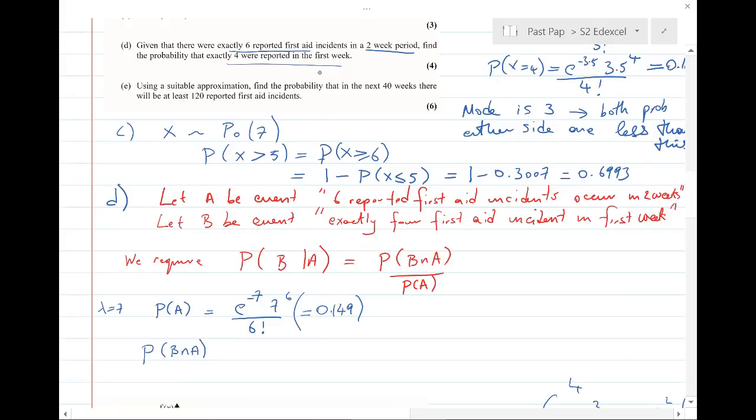Well, the only way that can happen is if, first of all, we want the probability that B occurs, which is 4 happening in the first week.